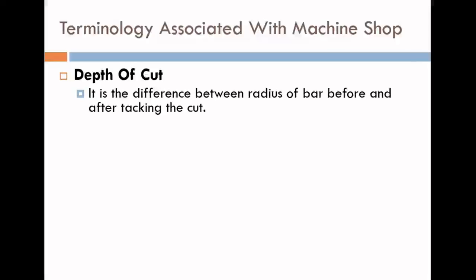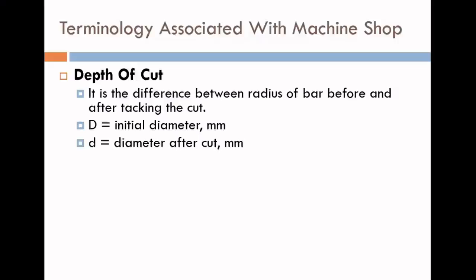It is also called the thickness of the metal removed in one cut. It is generally measured in mm. Where D is the initial diameter and small d is the diameter after the cut, the depth of cut is equal to (D minus d) upon 2.